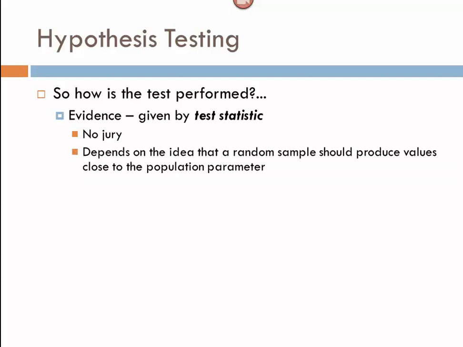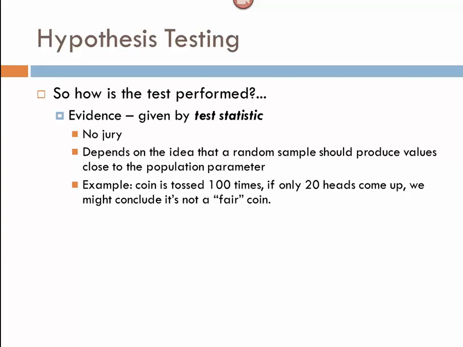but the test statistic, the sample we take from a population, we would assume would produce values that are close to my population parameter. We saw this in the central limit theorem, that if we pull samples from populations that are large enough, and the larger they are, the more accurate we see that they become to the true population value. So if we pull a random sample from a population, we assume that its value, though not equal to the population value, should be close to the population value.